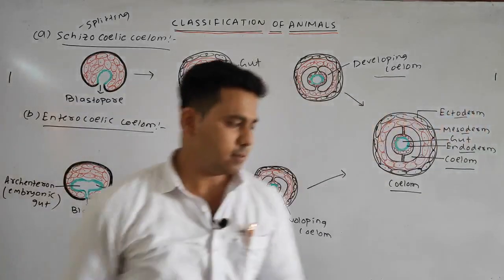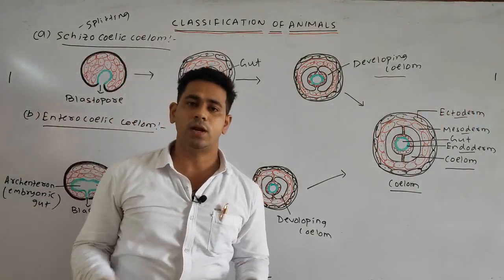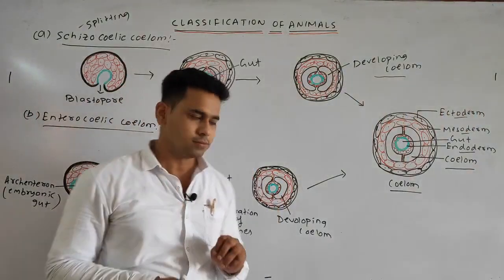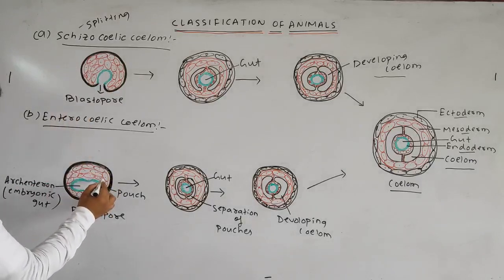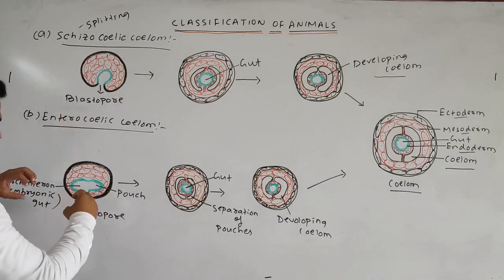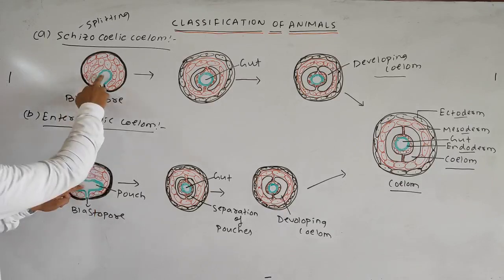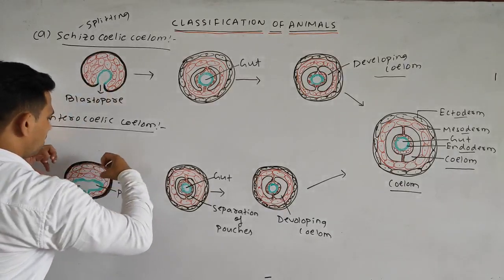Then the enterocoelous, meaning the alimentary canal or the primitive gut. Here also you can see the ectoderm, mesoderm, and the green one is the endoderm. The blastopore is also present. What happens here is the archenteron forms a bulging, pouch-like segment.